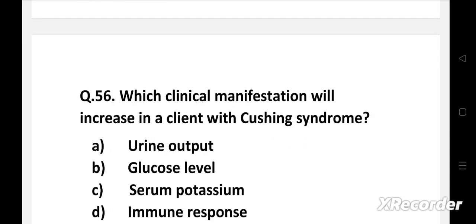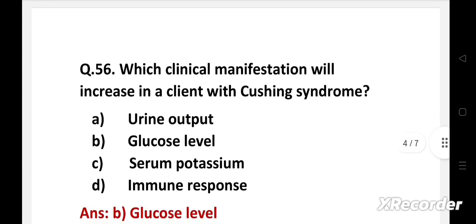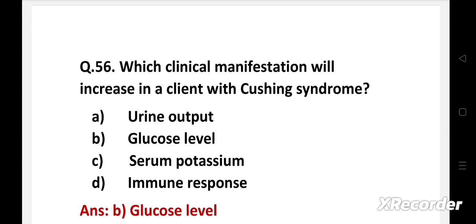Next question. Which clinical manifestation will increase in a client with Cushing syndrome? Option A, urine output. B, glucose level. C, serum potassium. D, immune response. Right answer is option B, glucose level.